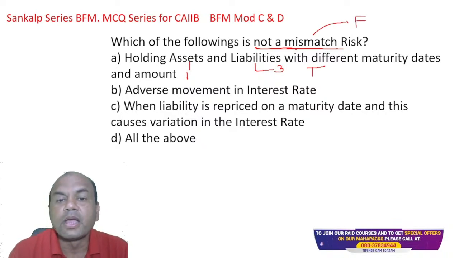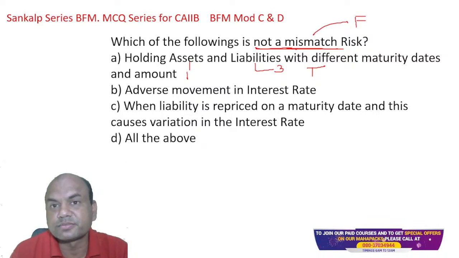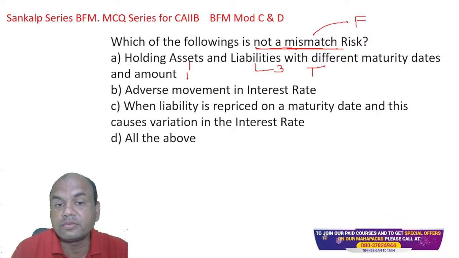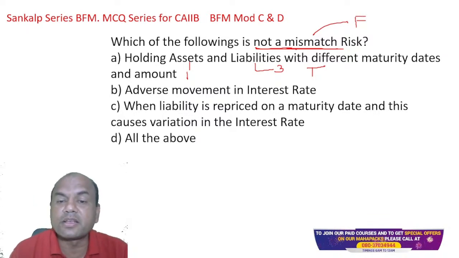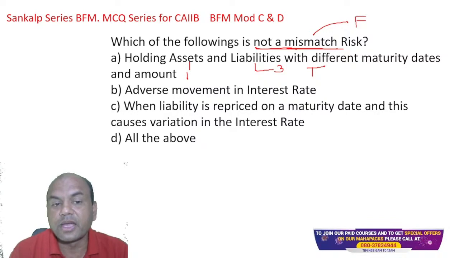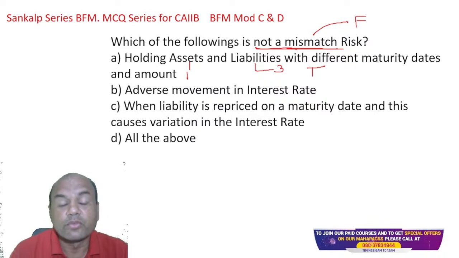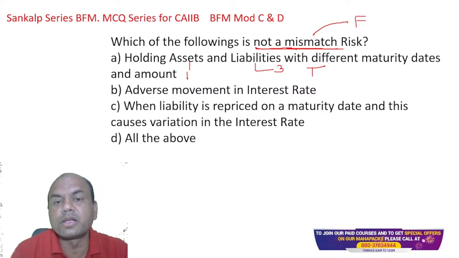Adverse movement in the interest rates. So is it not a mismatch? Adverse movement. Yeah. See this. Let me see the answer from your side. What is C? When the liability is repriced on maturity date and this causes variation in the interest rate. So firstly, tell me about B. Adverse movement in the interest rate risk.